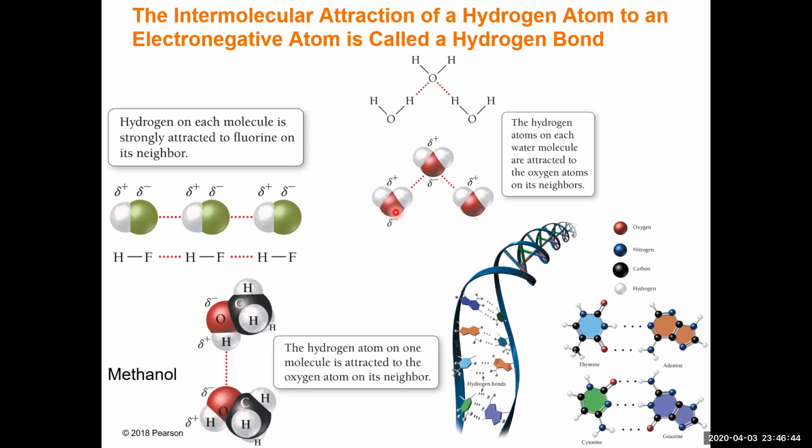The partial positive charge of the hydrogens is going to be attracted to the neighboring atom's partial negative charge on the oxygen. And the partial negative end of the oxygen is going to be attracted to the partial positive end, the hydrogen, on the neighboring atom.